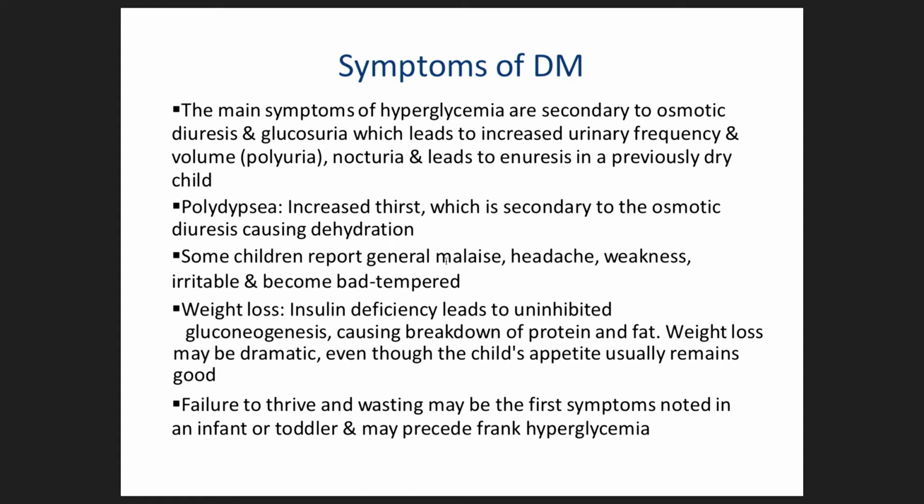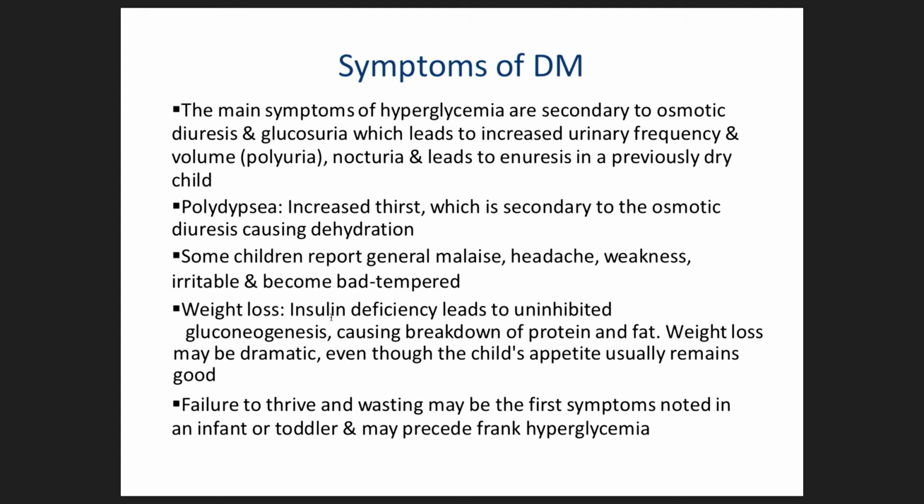Children and adults with diabetes usually feel weak, with generalized malaise, headache, weakness, and irritability, and their behavior becomes bad, what is called bad temper, because when they have high glucose, the brain cannot utilize the high glucose for energy. Despite high glucose and high appetite, they keep losing weight, and as I mentioned earlier, unexplained weight loss is one of the manifestations of diabetes.